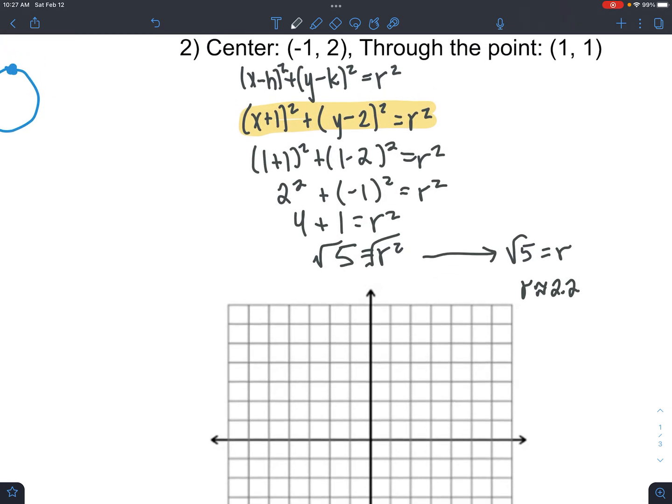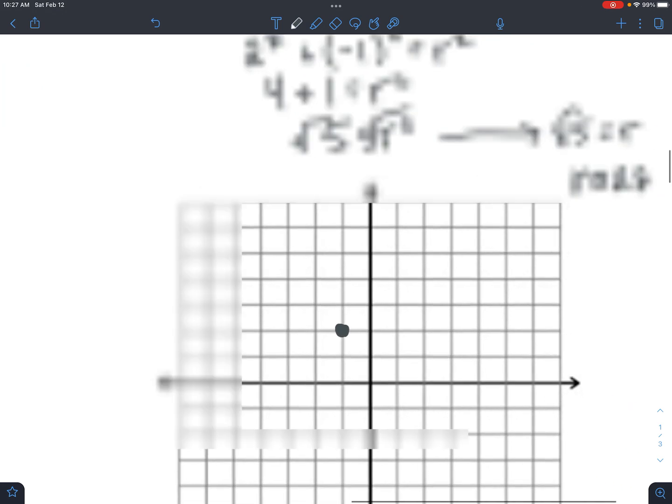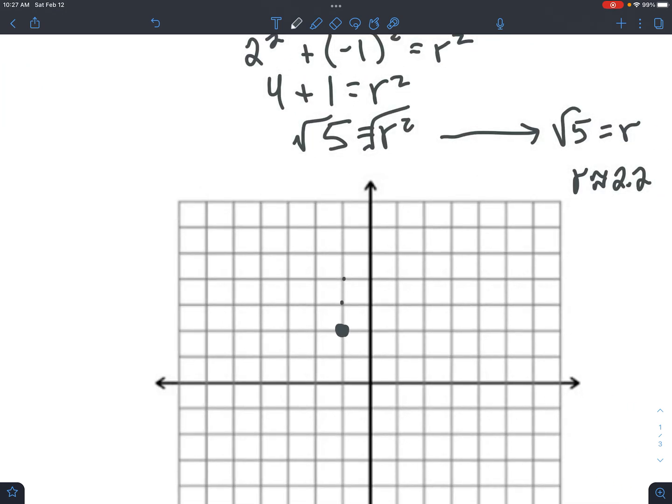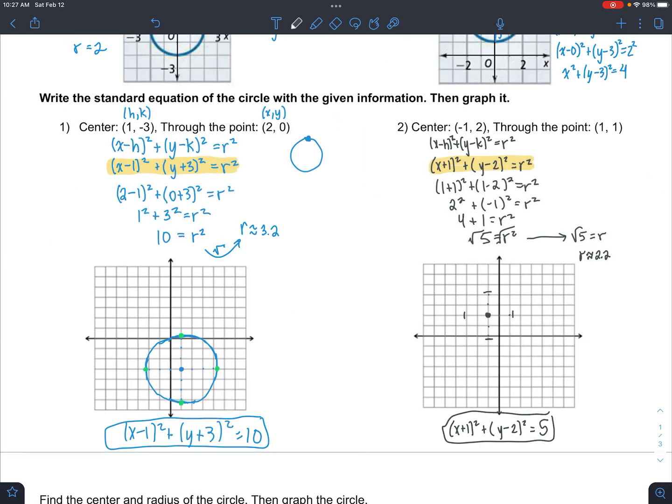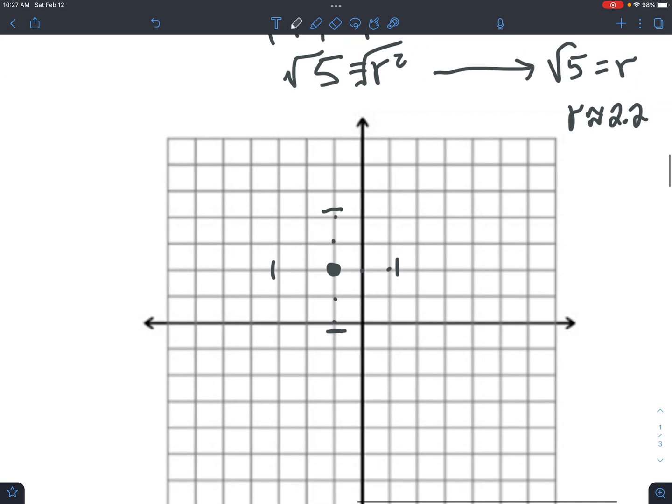So the center, you could definitely plot the center at the very beginning too. I mean, the center's not going to move, it's always the center. But now we know the radius. So I'm going to go 1, 2, some change, 1, 2, some change, 1, 2, some change. Just make sure I put the center at the right spot for the other one.